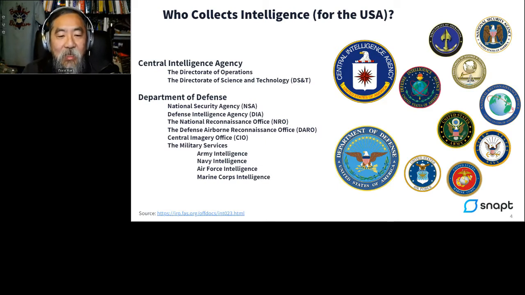And then lastly, within the Department of Defense, each of the branches, the Army, the Navy, the Air Force, the Marine Corps, they have their own little groups, like the SEAL teams and Delta Force, where they're not only taking actions, the cool stuff you see in the movies, but they're also doing a lot of data collection.